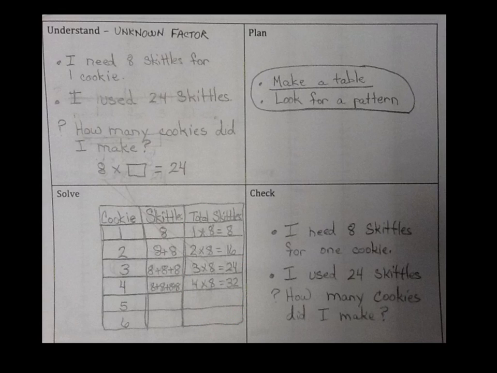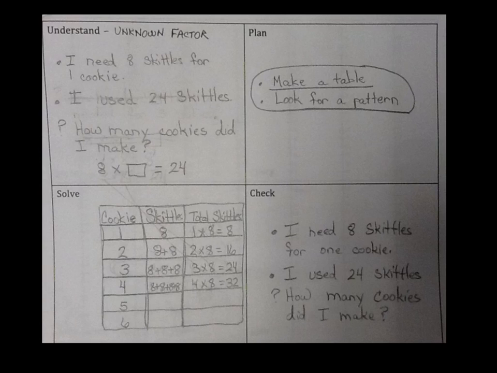I'm going to check my answer, and I know that I need 8 Skittles for 1 cookie. That matches this part of the story. I used 24 Skittles. That matches this part of the story. How many cookies did I make? Well, I made 3 cookies because 24 Skittles is what I need to make 3 cookies according to my table.